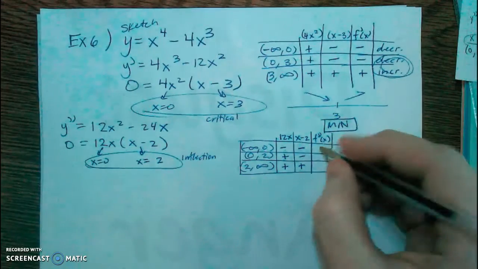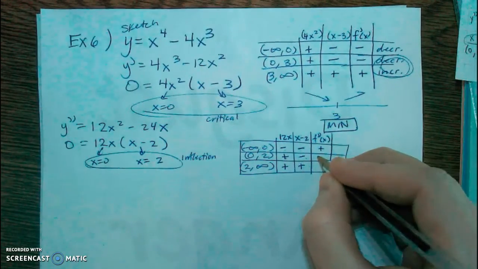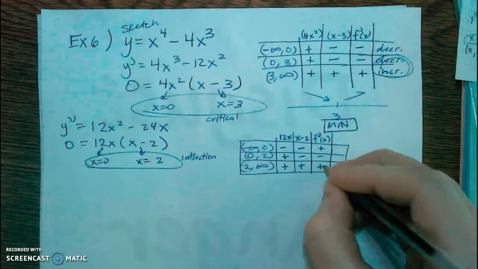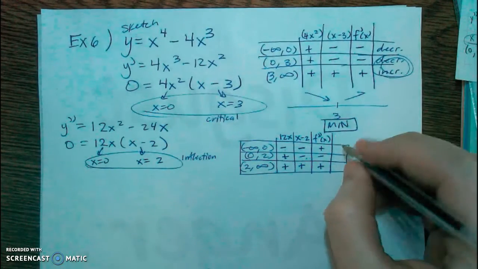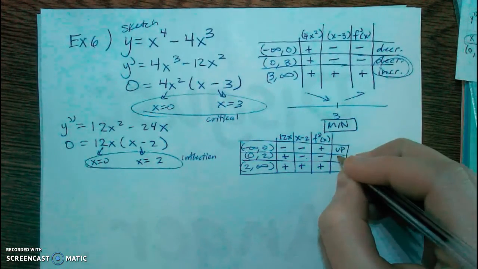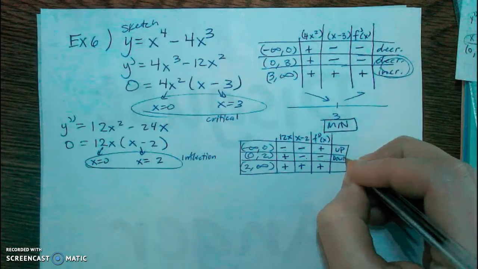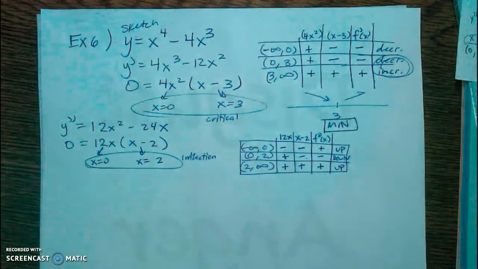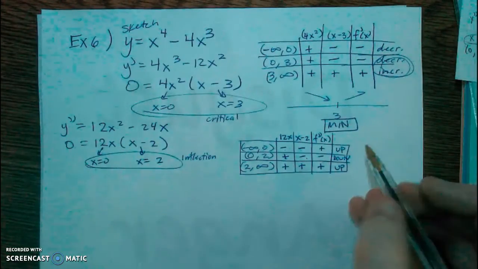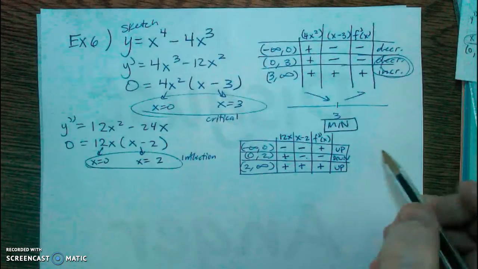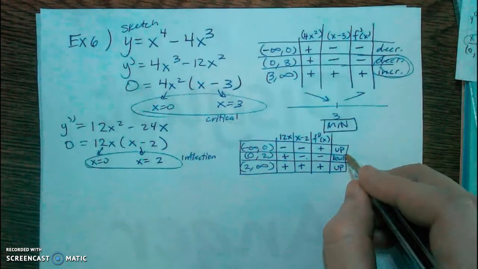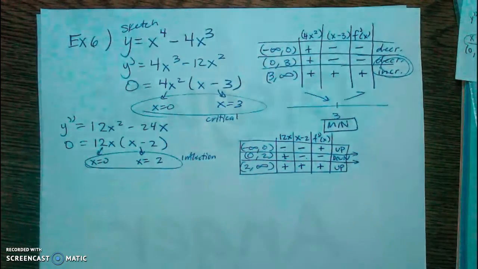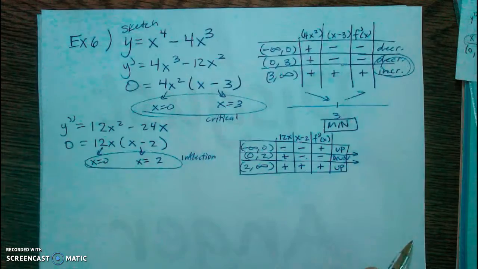A negative and a negative is a positive. Positive and a negative is a negative. Positive and a positive is a positive. So concavity, this will be up because it's positive, down because it's negative, and up because it's positive. So if I'm changing concavity, which I am, that means there's an inflection point. So there are two inflection points at 0 and 2.